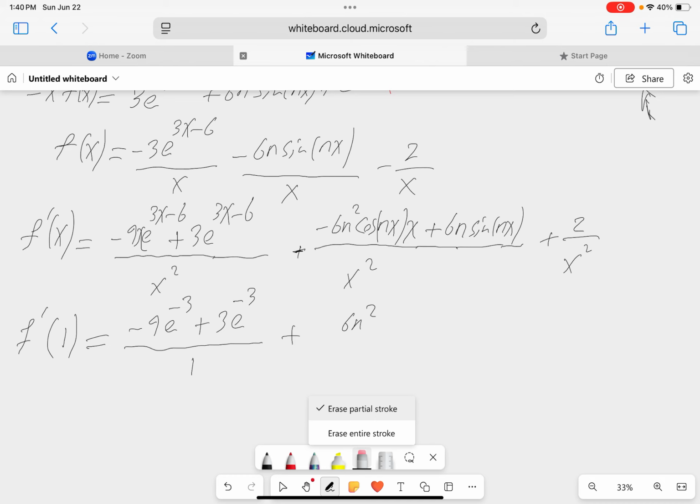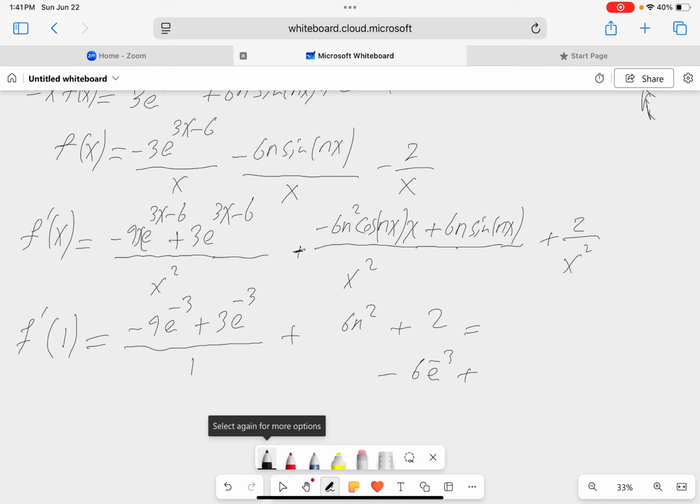The last one is 2 over x to the power of 2, which with 1 is 2 divided by 1, which is 2. So this is going to be negative 6 e to the power of negative 3 plus 6 pi squared plus 2. This is what we wanted to find. This is our final solution.